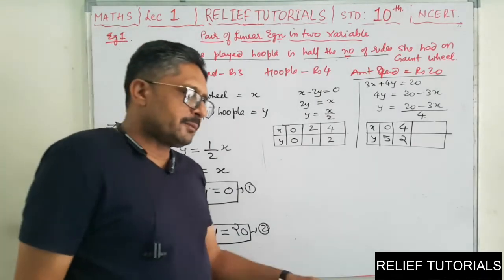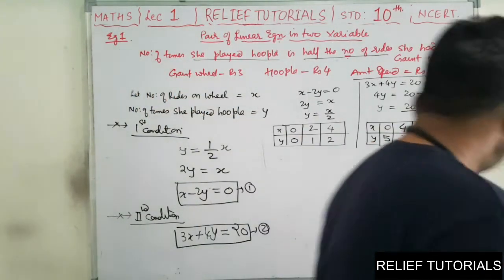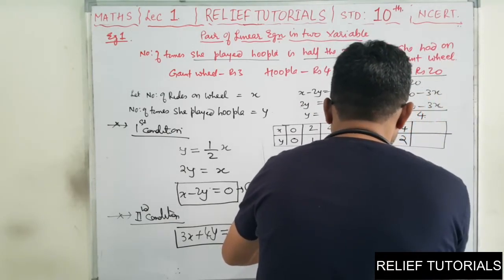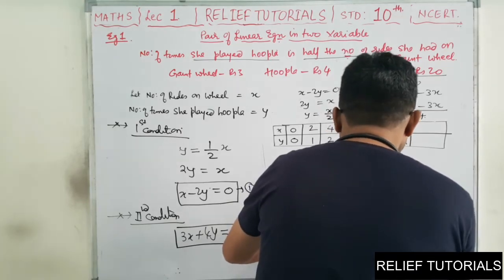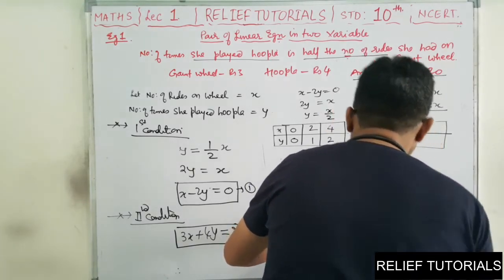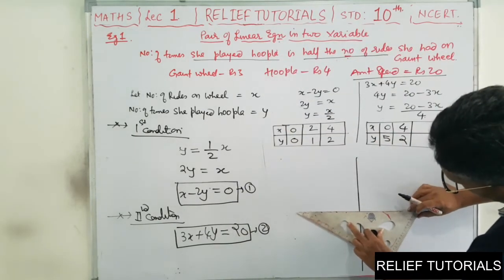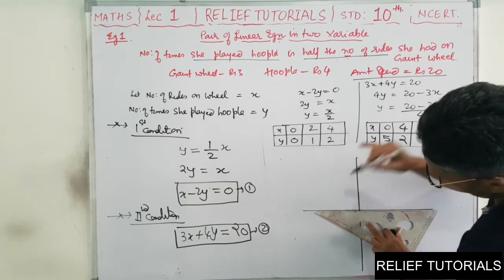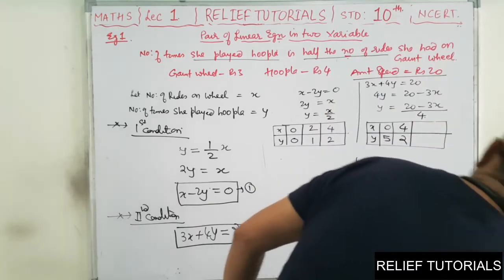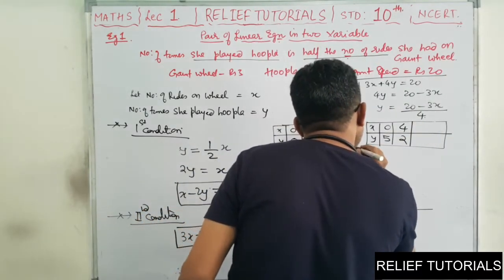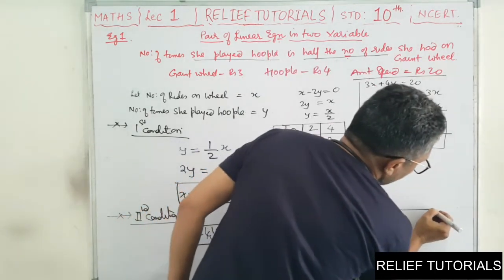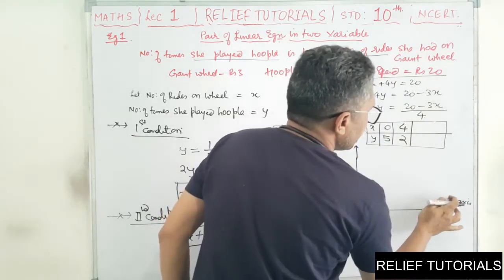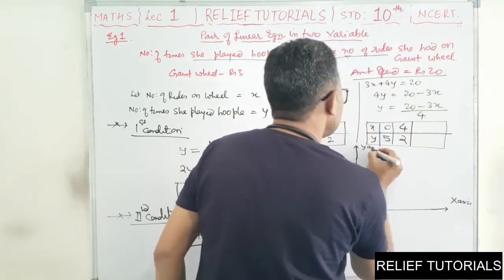Now you got the points, and now you plot these points. This is the x-axis and this is the y-axis.